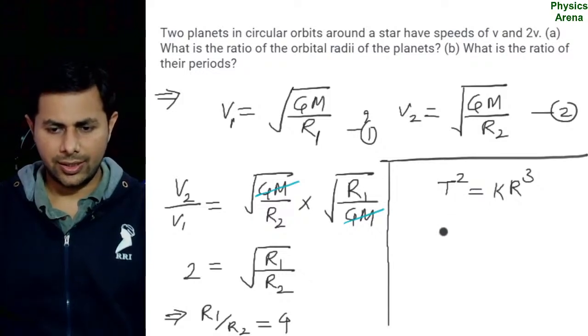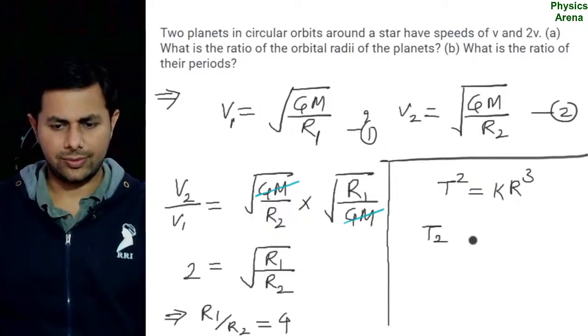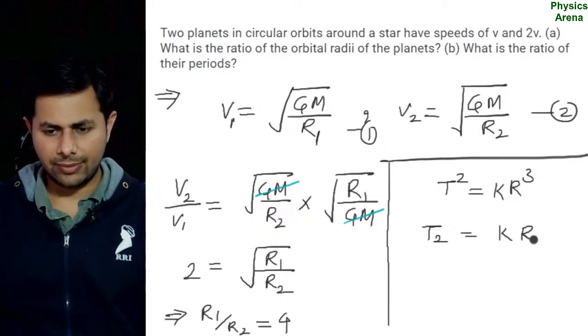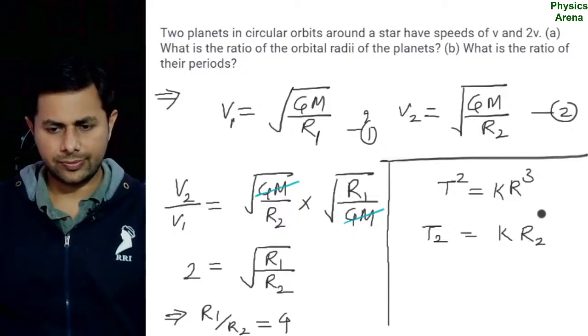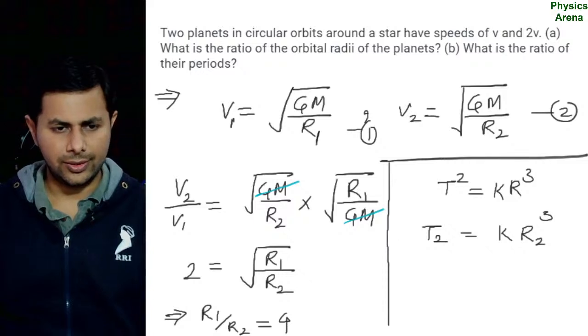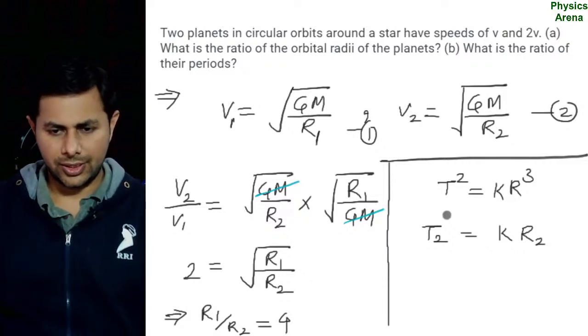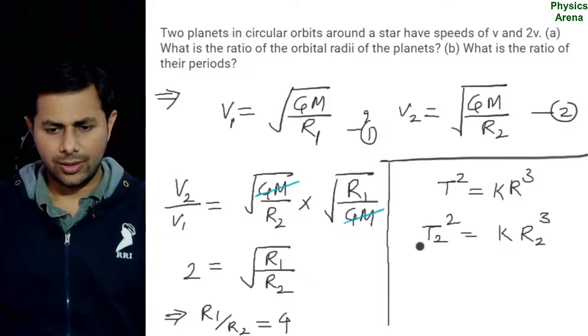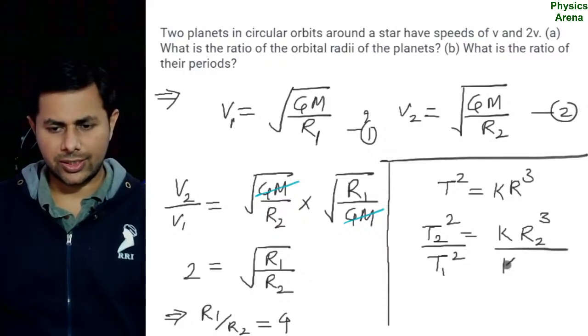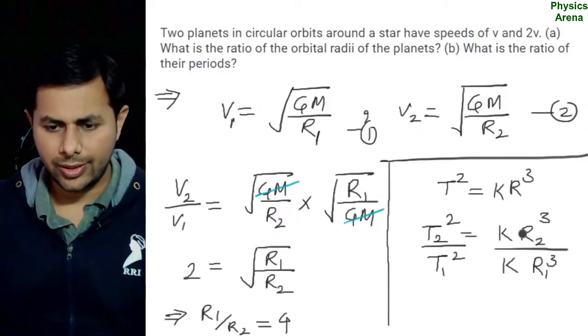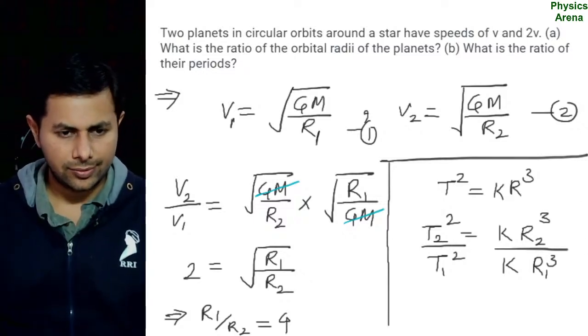Now I can say that T2 squared equals constant k times r2 cubed, and T1 squared equals the same constant k times r1 cubed. Okay, so k gets cancelled out.